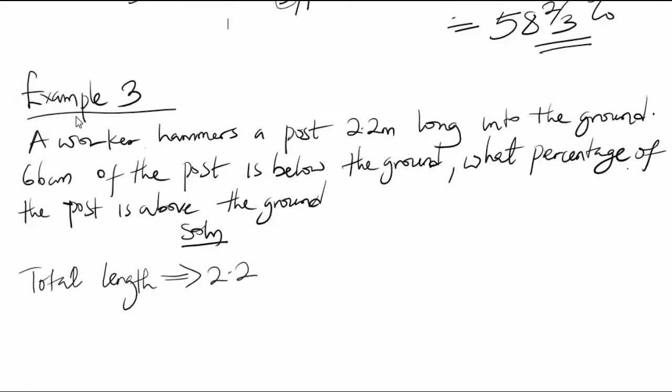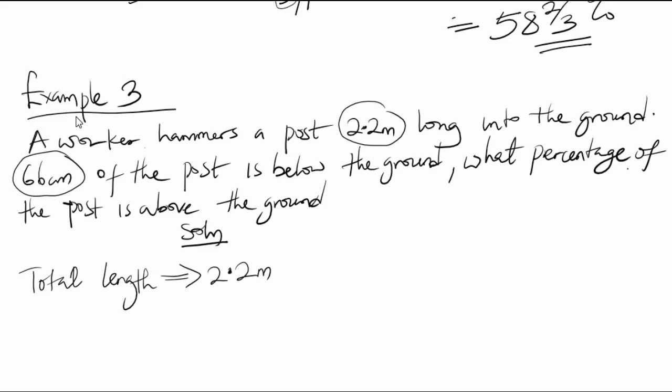And don't forget, the length of the post was given in meter, and the length of the post below ground is given in centimeter. So we need to convert to the same unit. Let us convert 2.2 meter to centimeter so that it will be the same unit as the length they have given us that is below the ground.